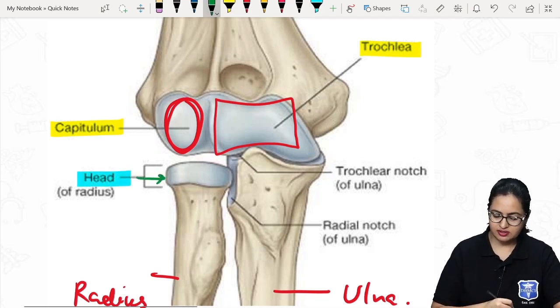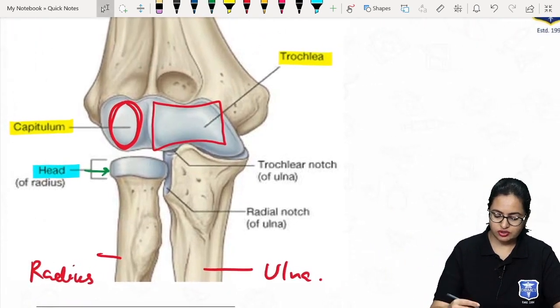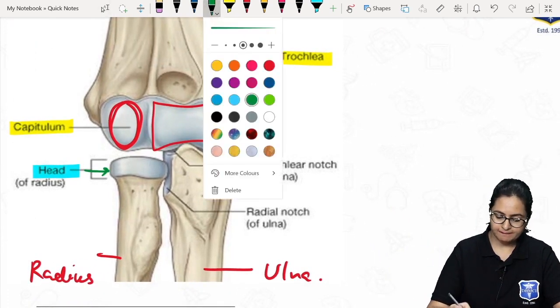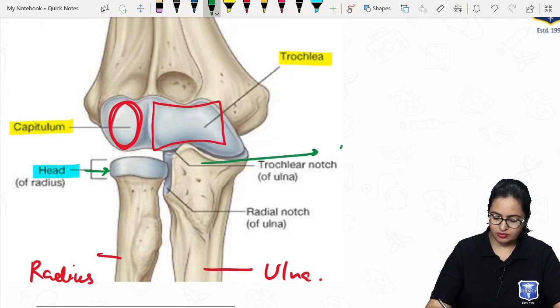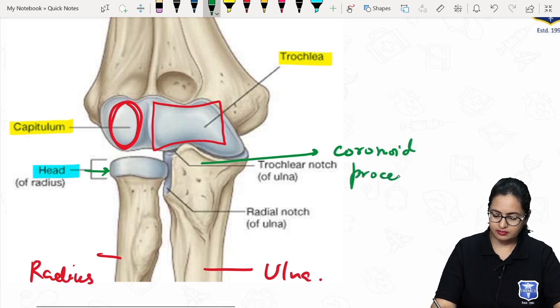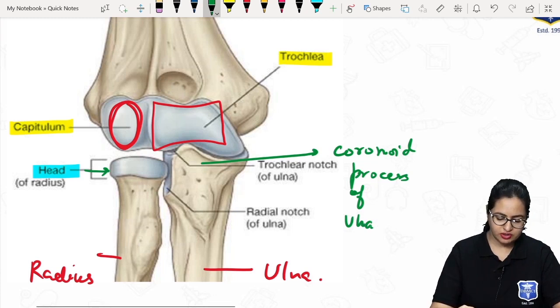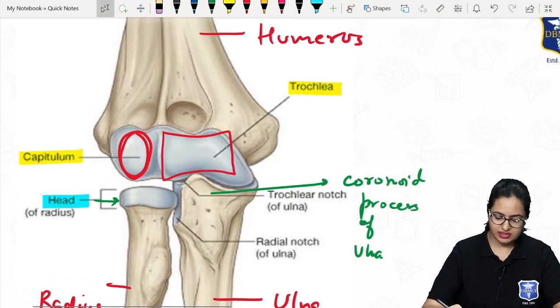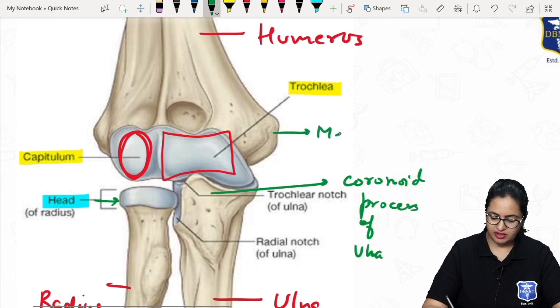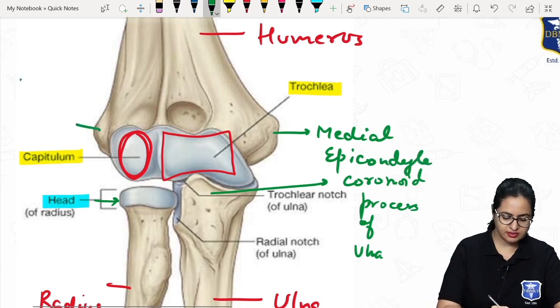When we talk about the ulna, this is the coronoid process of ulna. In the humerus, on the medial and lateral sides, this is the medial epicondyle, and this one is the lateral epicondyle.